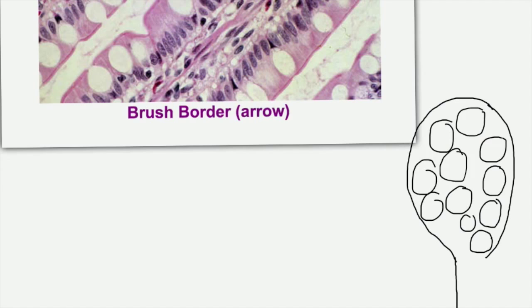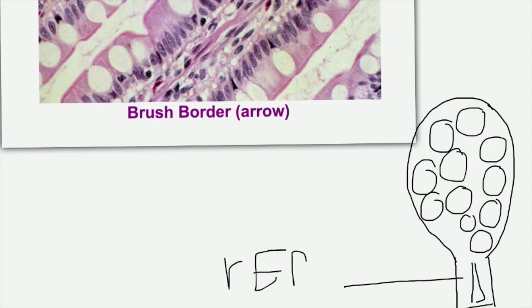In the lower part, we have, as we have said, the heterochromatic triangular nucleus, and also we have two organelles which are important for the formation of the mucus, which is glycoprotein. So we have a well-developed rough ER, and of course the secretory organelle, which is the Golgi apparatus.